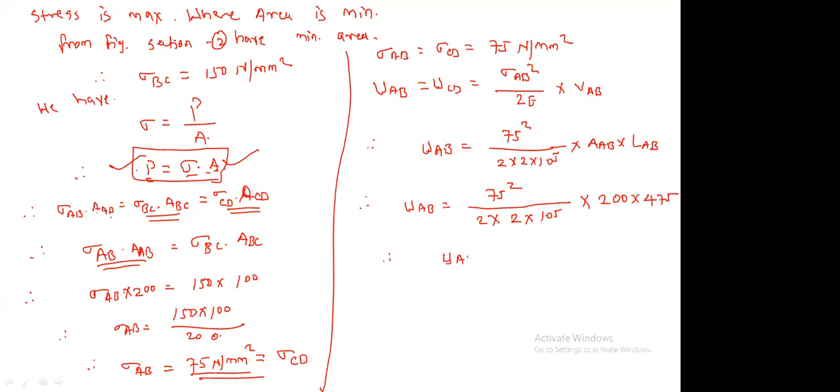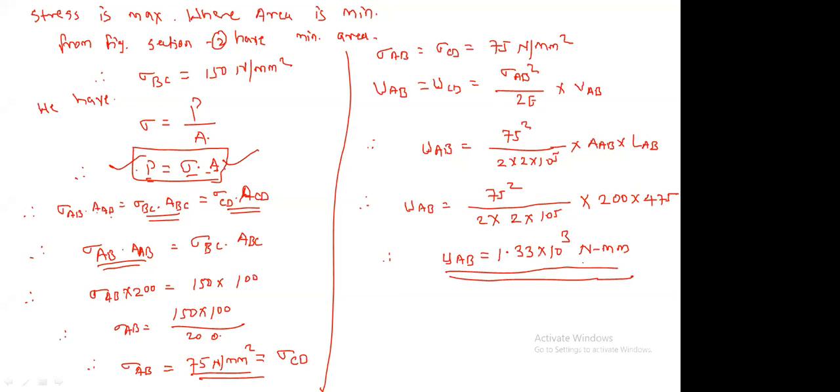Therefore, U of AB is equal to, tell me the answer. Strain energy 1.33 into 10 raised to 3 Newton mm. Everyone please do your calculation in your notebook and send me the answer in the chat box for the verification.